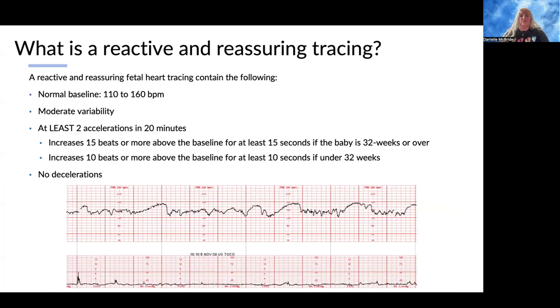So reactive and reassuring. A reactive and reassuring fetal heart tracing must contain the following: normal baseline between 110 and 160 beats per minute, moderate variability, at least 2 accelerations if the baby is greater than 32 weeks gestation, and no decelerations. That is a reactive and reassuring tracing.